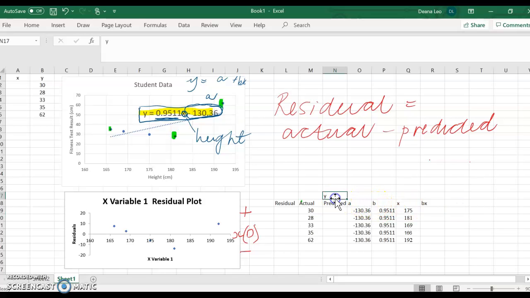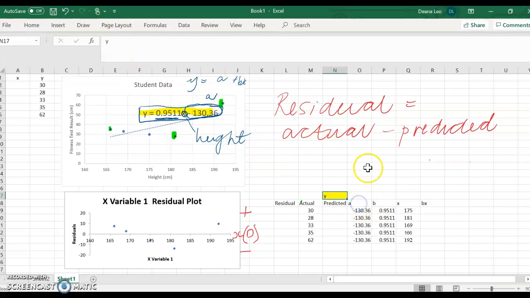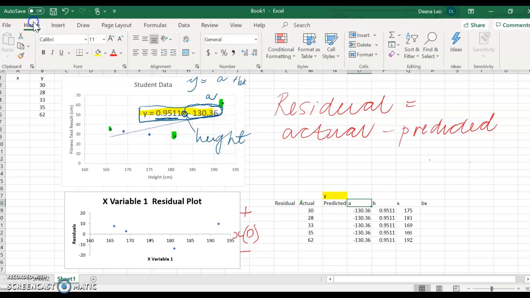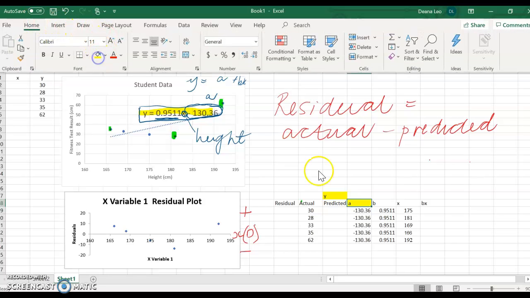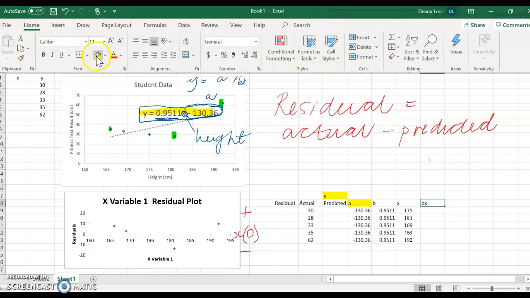Okay, but our y equals our a plus our bx. Okay, our a is our y plus our bx.